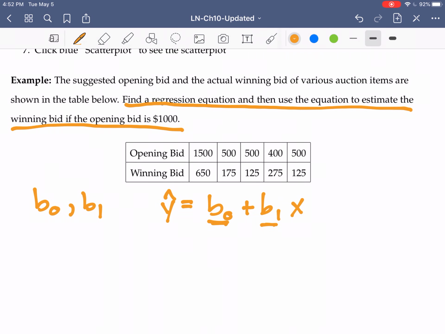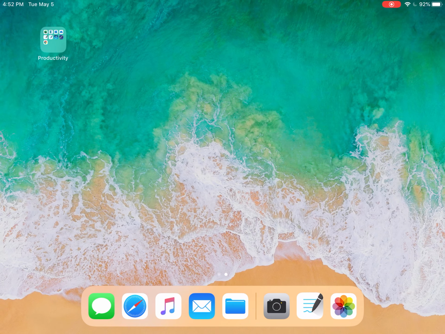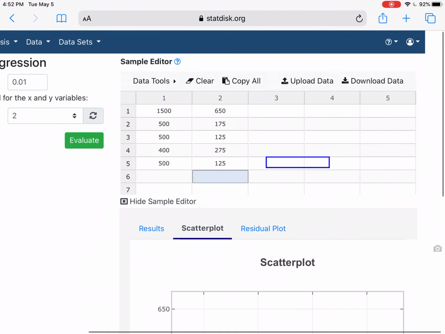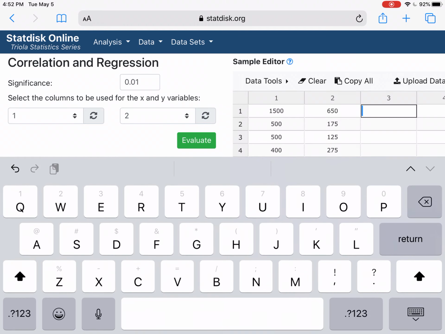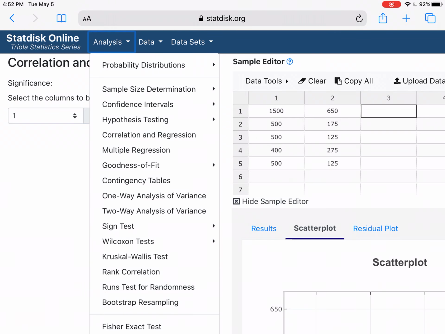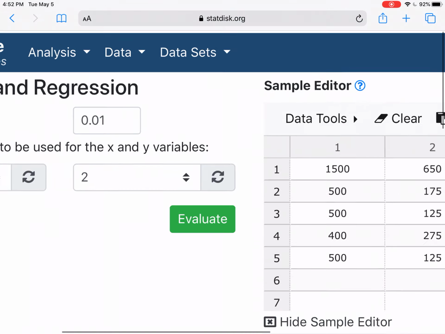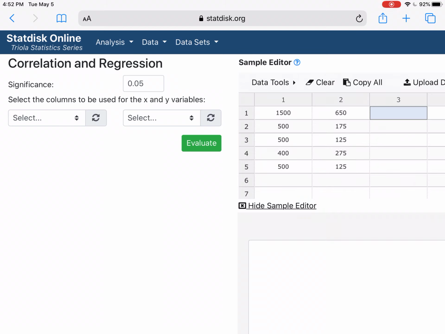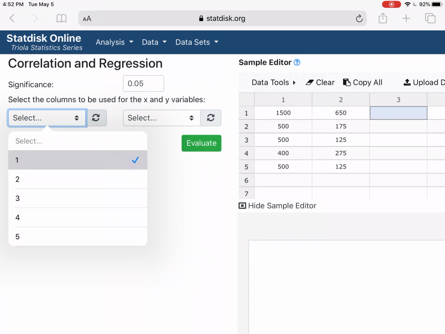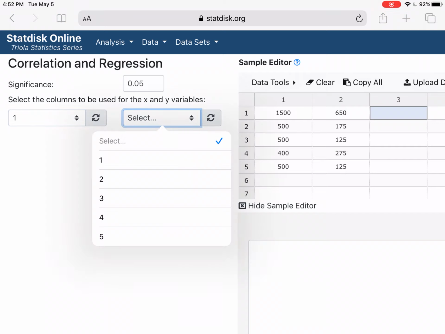So we take our data and put it into StatDisk. Here in StatDisk, I'm going to choose analysis, and then correlation and regression. The x variable, our predictor variable, is in the first column, and the response variable, the dependent variable, the y value, is in the second column.